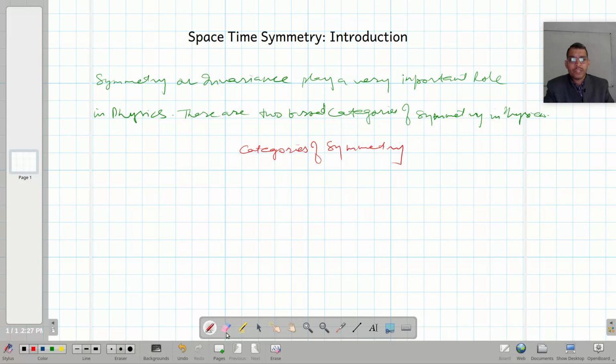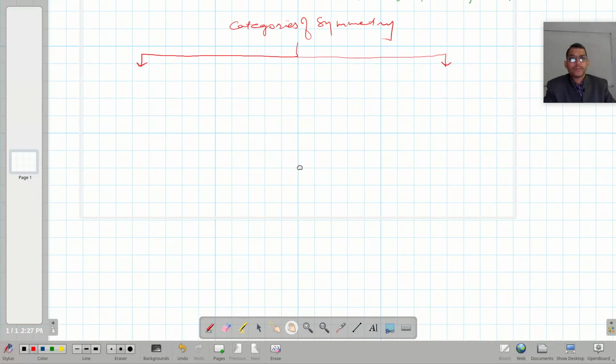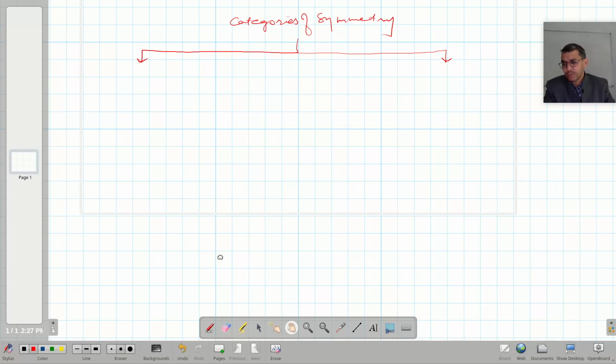So there are two categories. First of all, it is the space-time symmetry, and another one is internal symmetries. So let me write it down as not symmetry but symmetries.